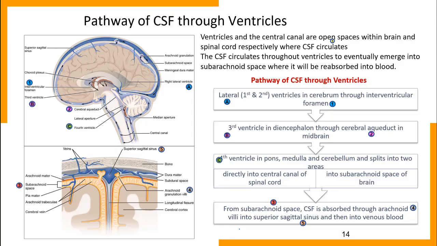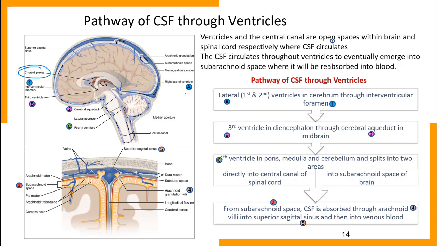In terms of where CSF is generated and where it travels, as I said, it is generated in the choroid plexus of the ventricles. And what happens is you've got the lateral ventricles. You've got right and left lateral ventricles in the cerebrum, in the top part of the brain.